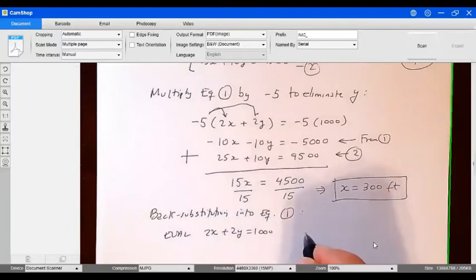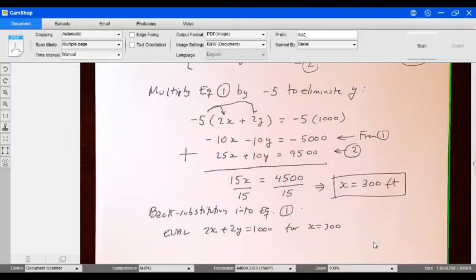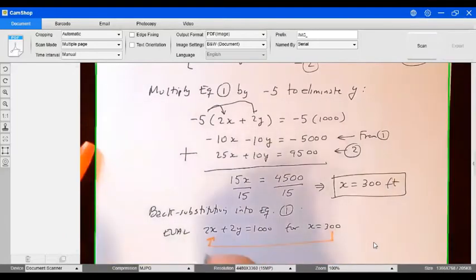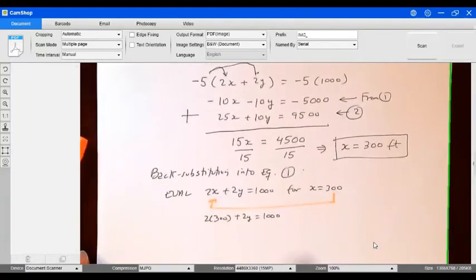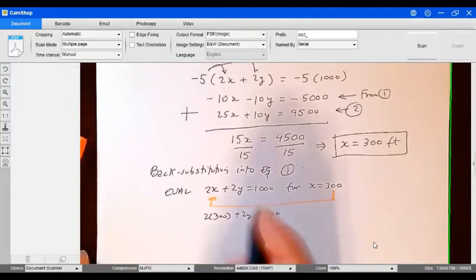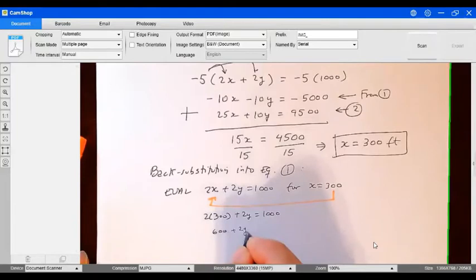And we're going to do this evaluation for x equals 300. So we're going to replace x with 300. So it's going to be 2 times 300 plus 2y equals 1000. So this is going to be 600 plus 2y equals 1000.